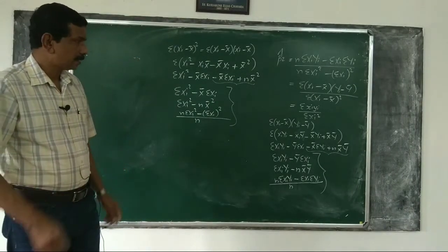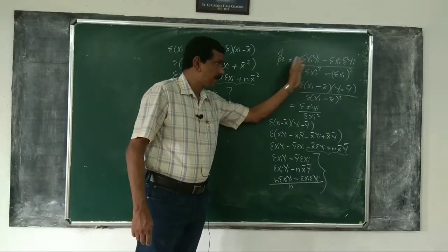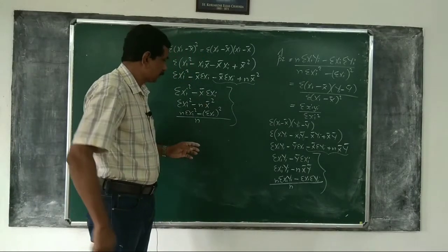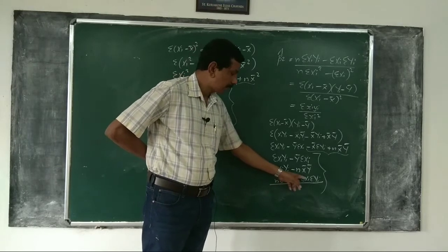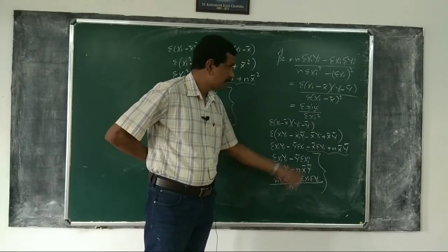Now as you can see, in the numerator for beta 2 hat, what you see is n into sigma xi yi minus sigma xi into sigma yi by n.